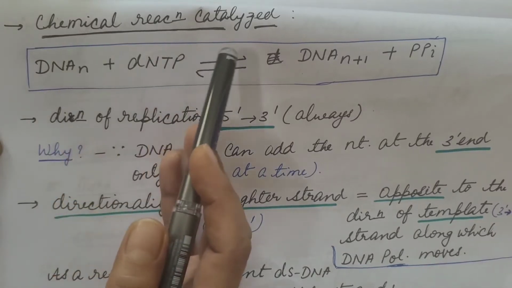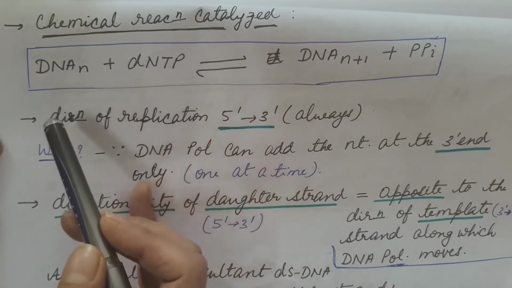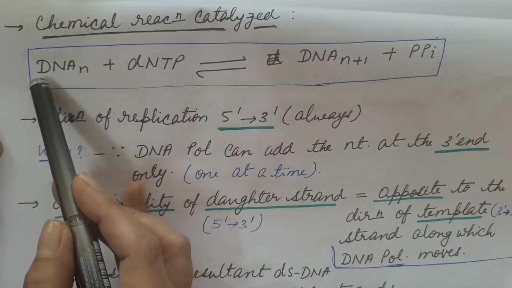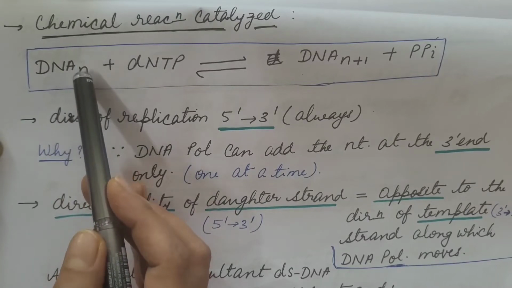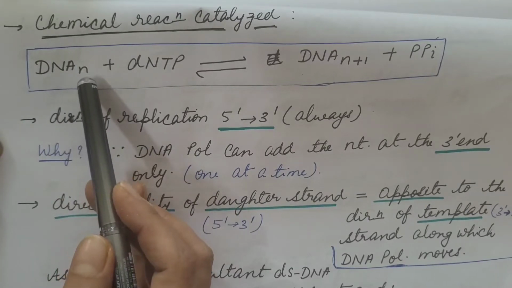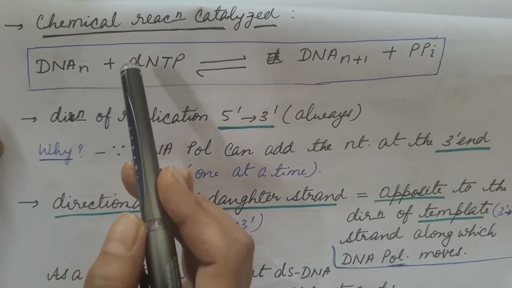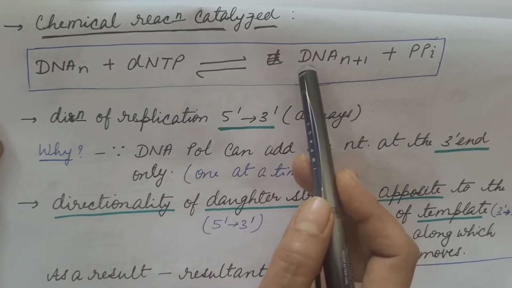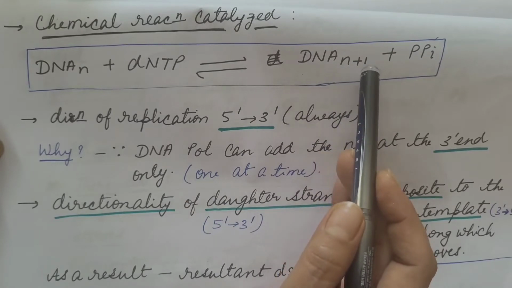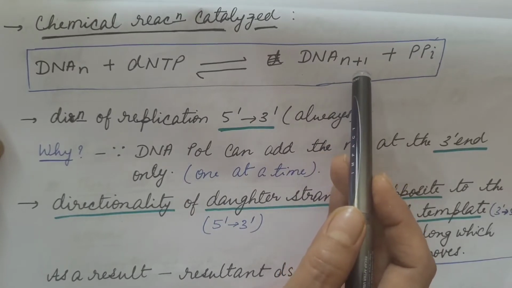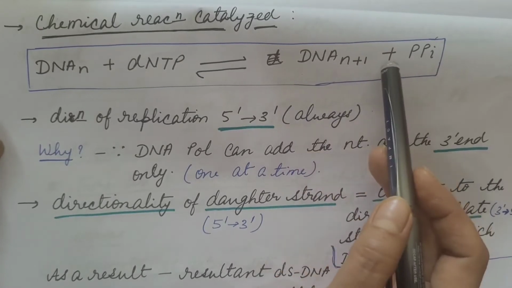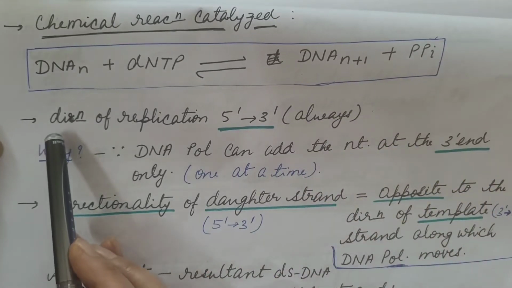The chemical reaction catalyzed by DNA polymerase during replication is DNA(n) plus deoxynucleotide triphosphate. Here n indicates n number of deoxynucleotides, plus 1 deoxynucleotide triphosphate. Now DNA is increased by 1 deoxynucleotide, represented as DNA(n+1) plus inorganic phosphate.